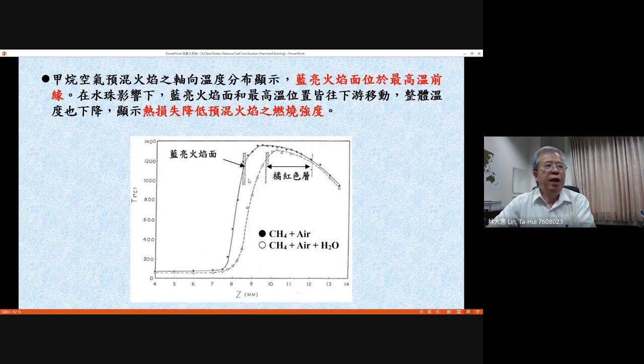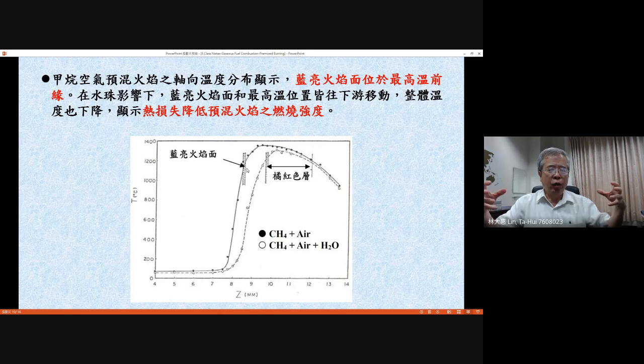The edge of the blue flame actually represents the ignition temperature, because at these positions you have a large amount of OH, CH, and CO radicals. That means you have a large pool of intermediate species.